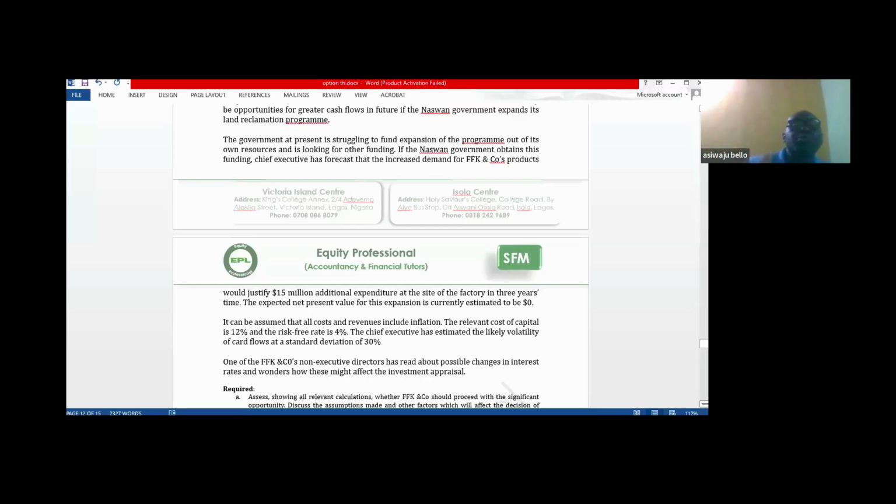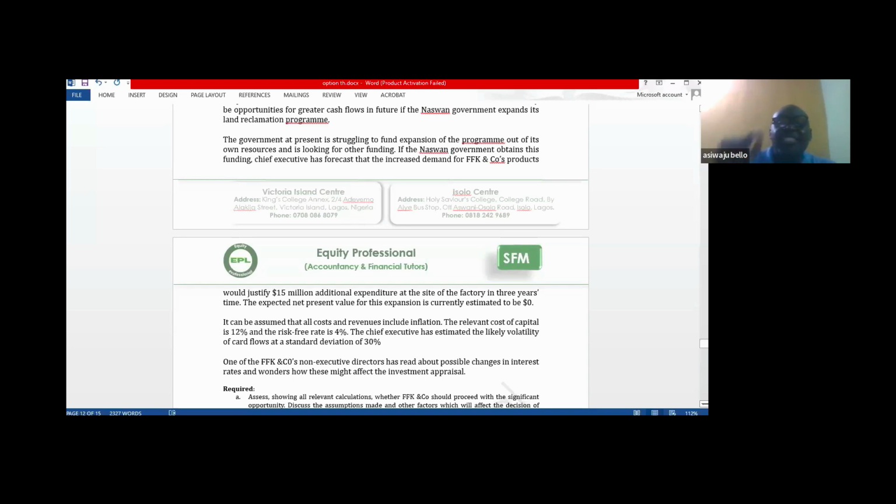It can be assumed that all costs and revenue include inflation. The relevant cost of capital is 12%. The risk-free rate is 4%.